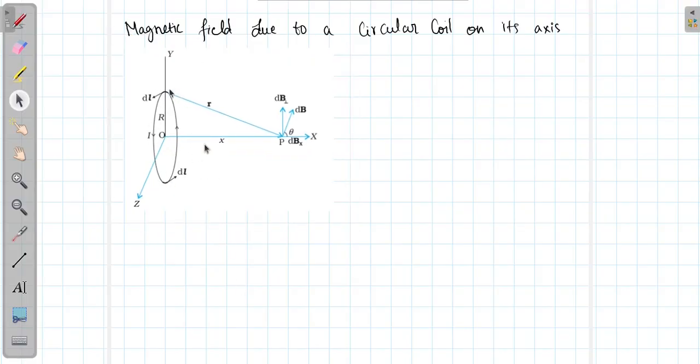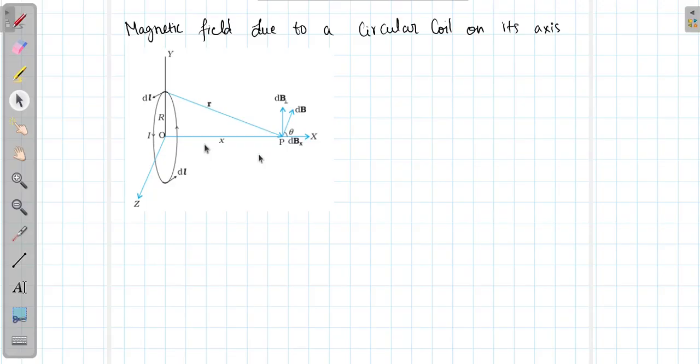So this is a circular coil, and here the direction of current is in the opposite direction. As I have mentioned, the current is moving in the upward direction for this particular side, but here it is in the downward direction. But whatever it may be, the answer is the same, no problem.